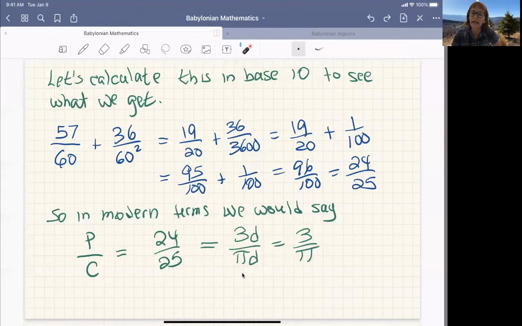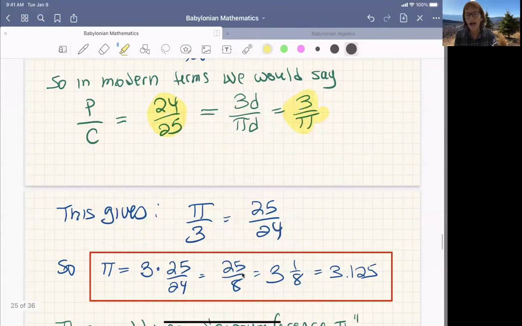Now we can calculate what is the value of pi that we get by using that number, 3 over pi. I prefer to have the pi in the numerator, so I'm going to just flip both of my fractions. So pi over 3 is 25 over 24.